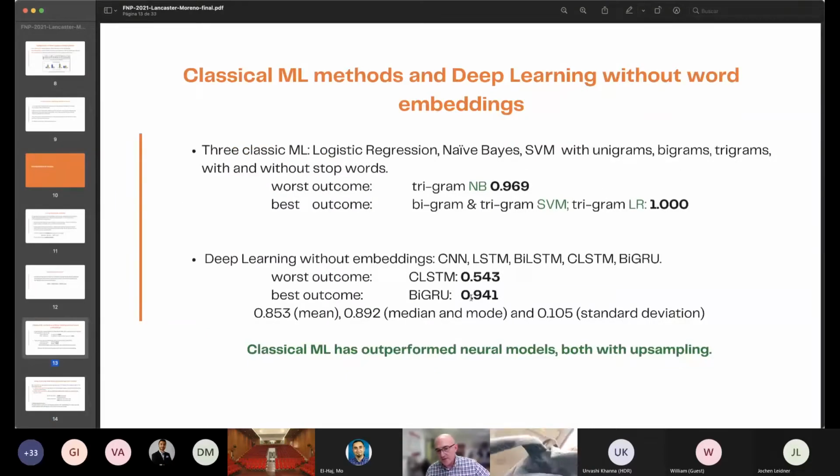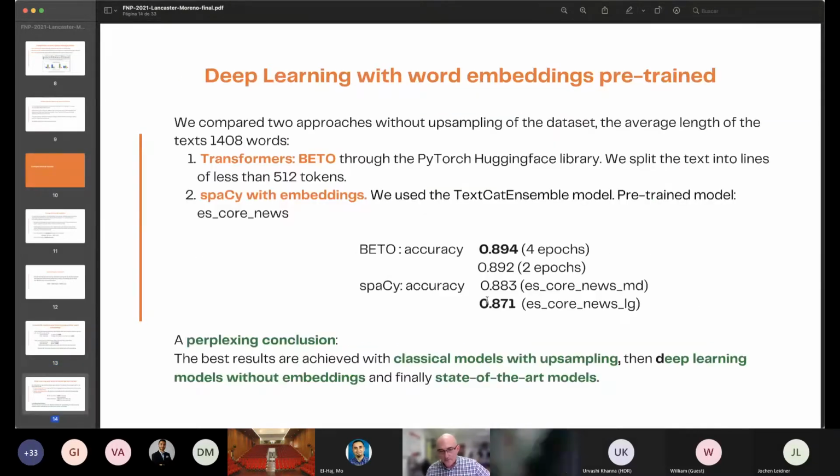You see? The best result with deep learning. This was a very perplexing conclusion, but the best results in our experiments are achieved with classical models, of course with upsampling.